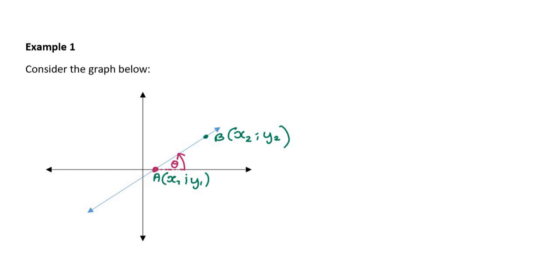I'm going to go through this quite slowly because this is the whole point of angular inclination. If I drop a perpendicular line down there, notice I have formed a right angle triangle. And we should know from grade 10 that the important thing about right angle triangles is that we can use trig.